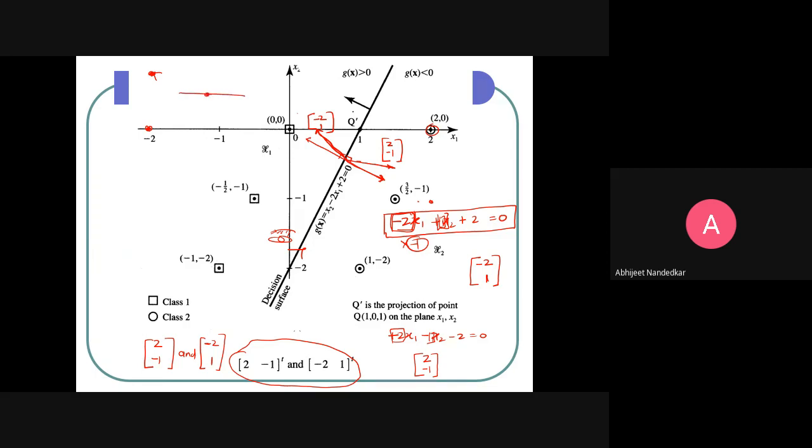This will be your actual line, and these are the original positions of the vectors which are perpendicular to this line. I'm going to lift this vector by some amount. I'm going to lift this vector by the same amount. So this will be fixed.